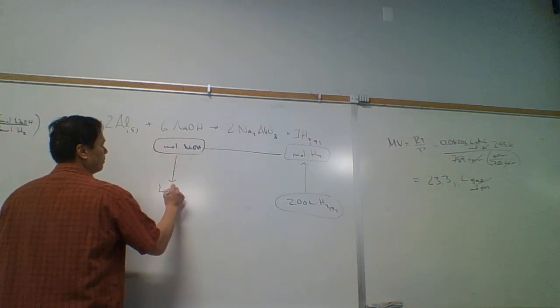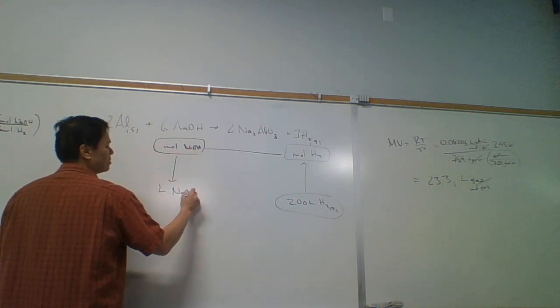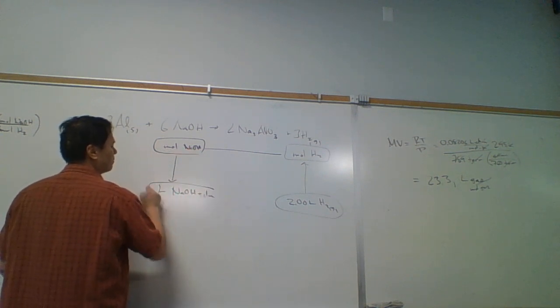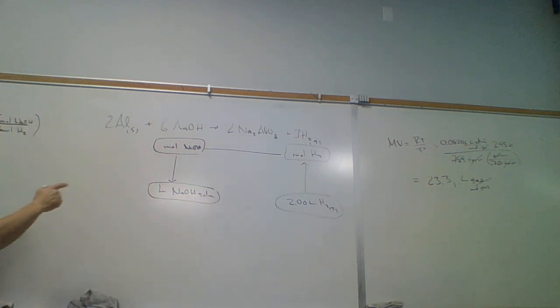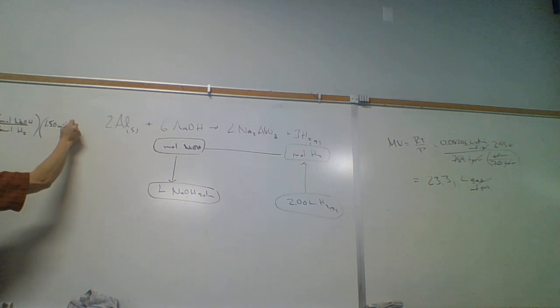So we can go from moles of pure sodium hydroxide to liters of sodium hydroxide solution by using the molarity. Now the molarity is what? It's 1.50 molar sodium hydroxide, which means 1.50 moles of sodium hydroxide per liter of sodium hydroxide solution.